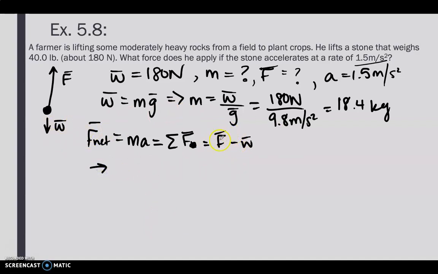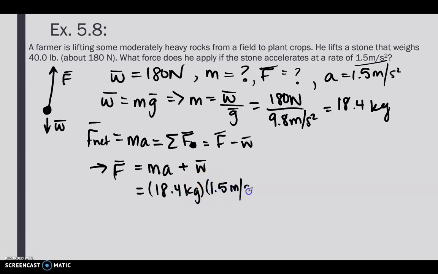Now we want to solve for our force here. So our force is going to be equal to mass times acceleration plus the weight. Our mass is 18.4 kilograms times our acceleration of 1.5 meters per second squared, plus our weight, which is 180 newtons.